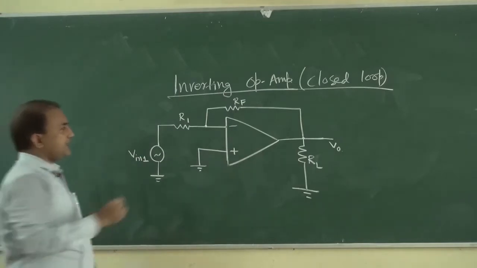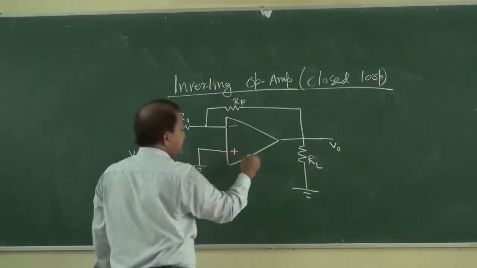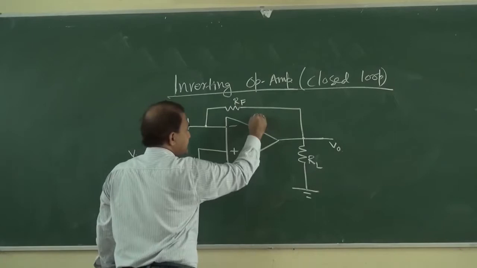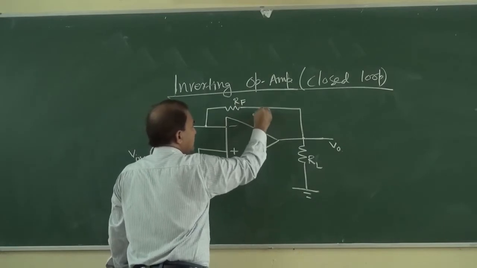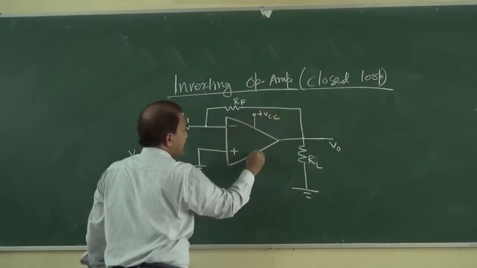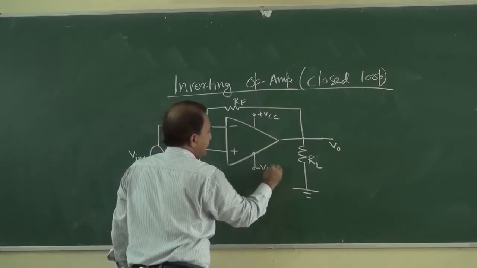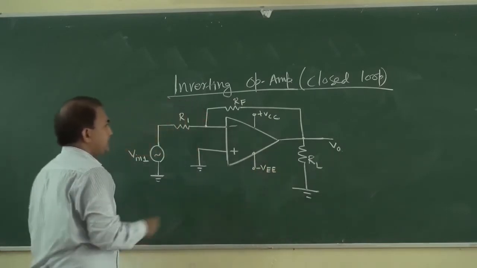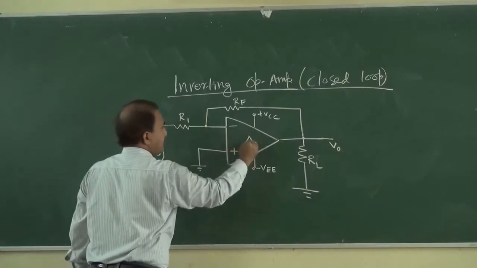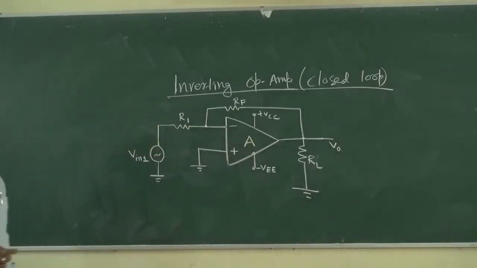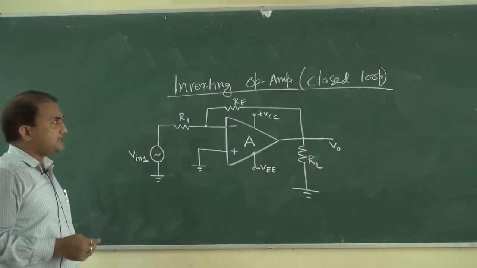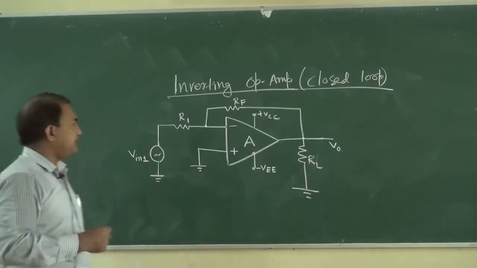This is the circuit diagram of inverting operational amplifier in closed loop configuration, and it is connected to plus VCC, and here it is minus VEE.